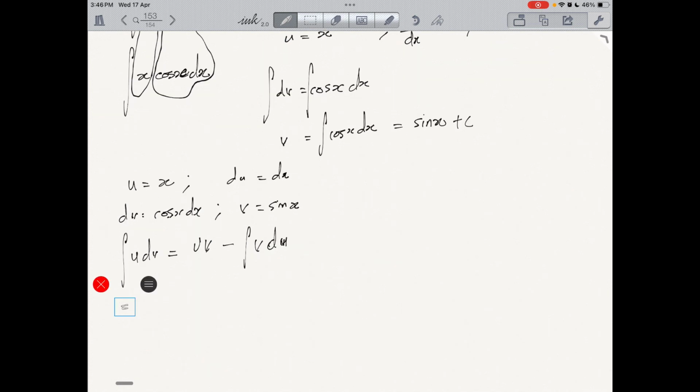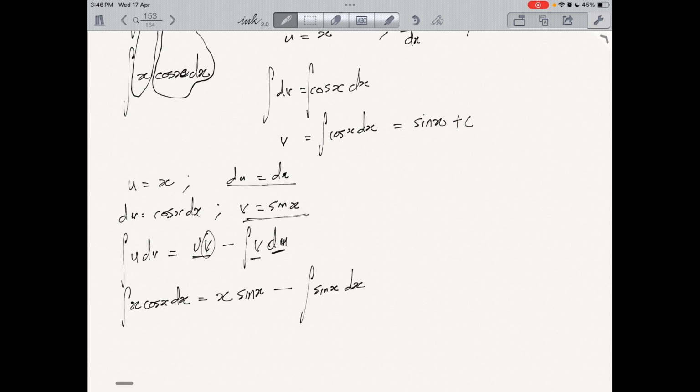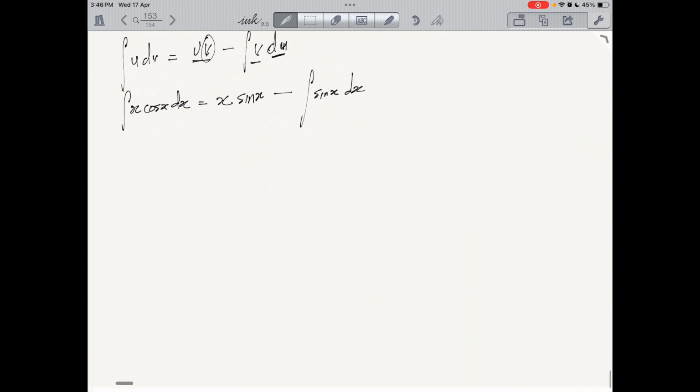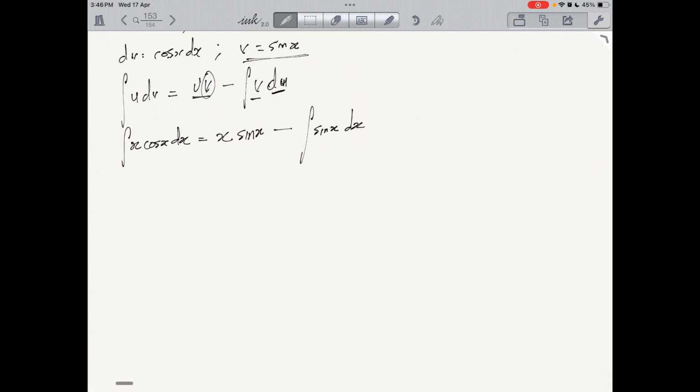Now our u is x and our dv is cos x dx. So we have x times sine x, minus the integral of v, which is sine x, and du, which is dx. Therefore, with this done, we can find an expression for the integral of x cos x dx.